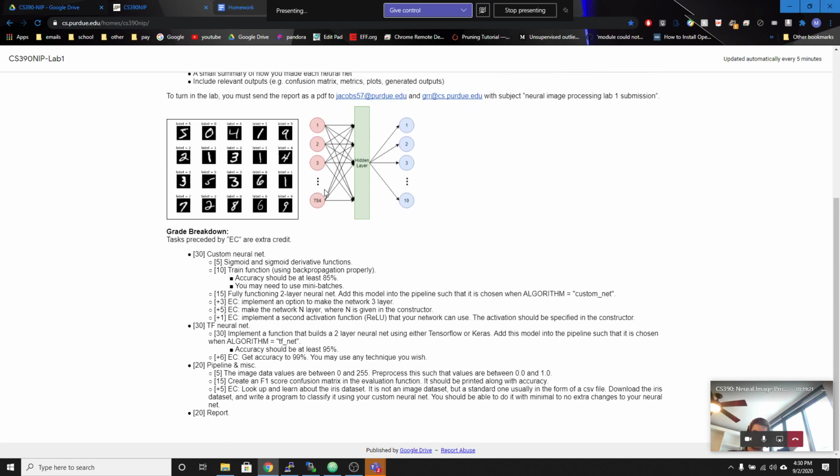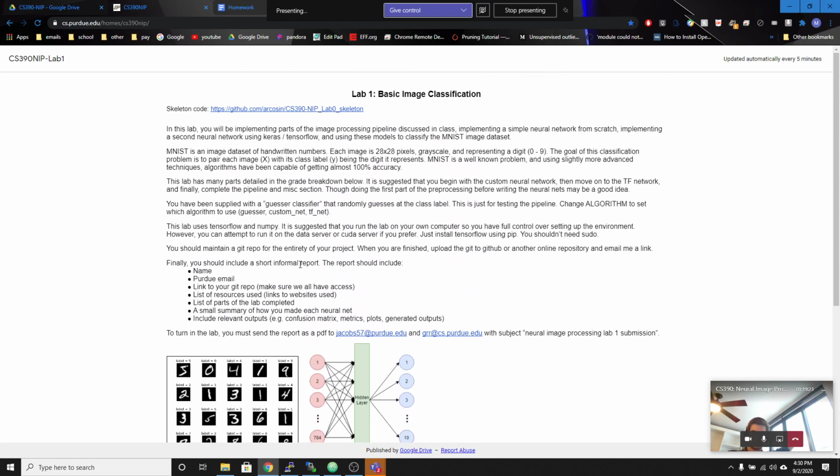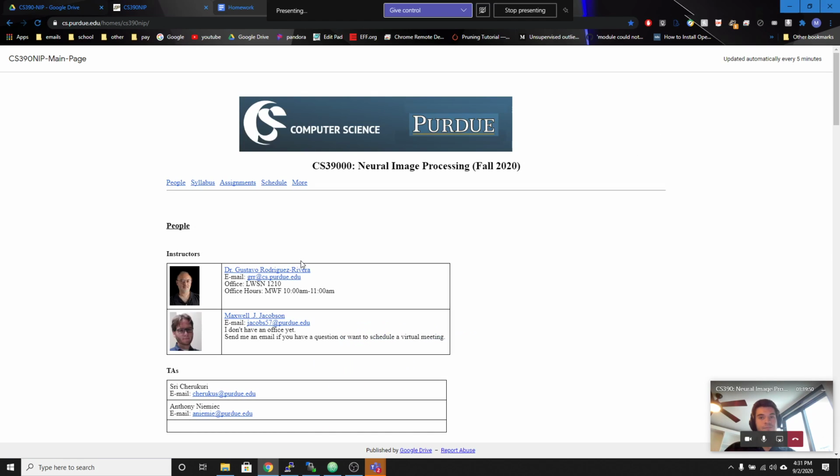It's fairly in-depth as to what you need to do. But I probably wouldn't get started on that. I would give it a read over, and I would look at the skeleton code, and I would make sure that your environment is set up so you can run the skeleton code without having errors before next lecture. But I probably wouldn't try to get too deep into it until next lecture, unless you want to look ahead a bit.